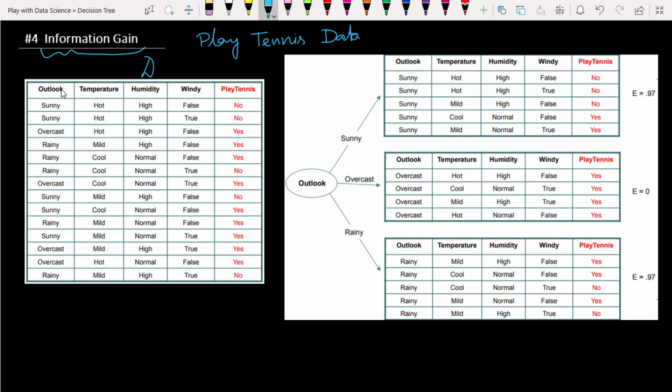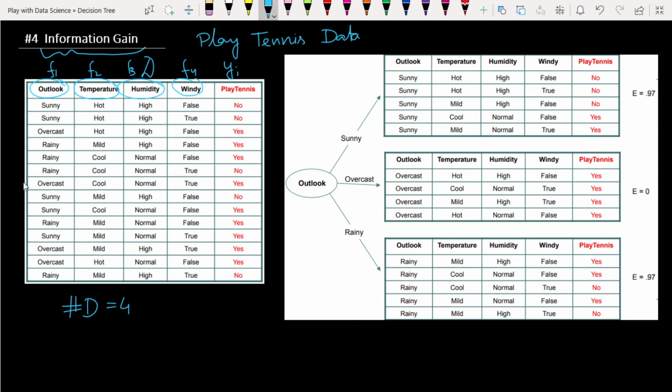In this data set we have four features: outlook, temperature, humidity, and wind. This is feature 1, feature 2, feature 3, and feature 4, and the corresponding output yi is play tennis, yes or no. The number of points in D is 14.